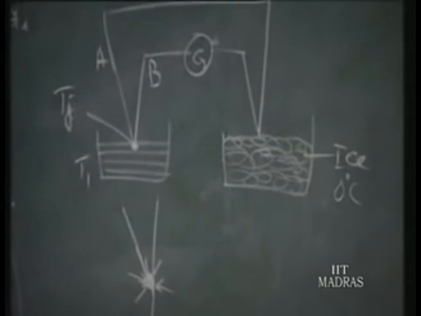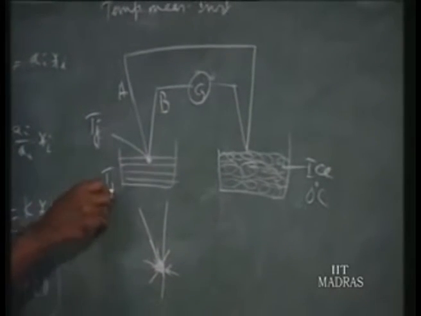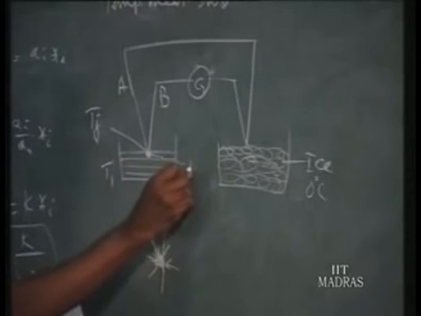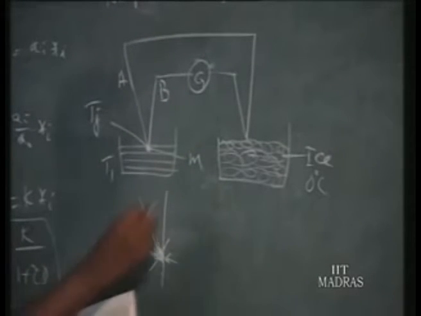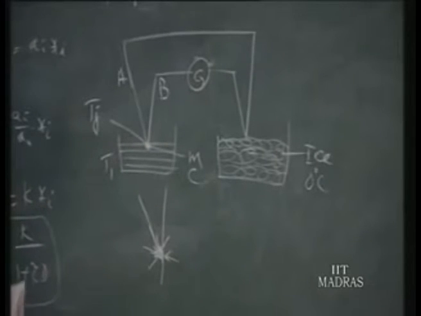After inserting, the thermocouple junction temperature will increase up to T1, but at any instant it may be less than this. So Tj is the temperature of the junction at any given instant. And m is the mass of the thermocouple junction, and C is the specific heat of that material.